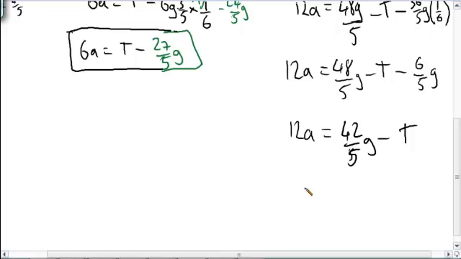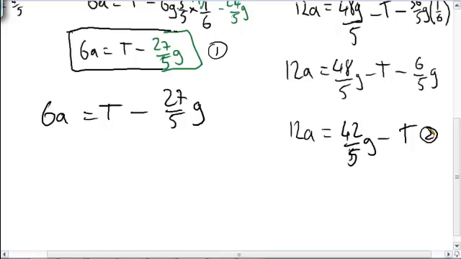The easiest way to do this is probably simultaneous equations. So if I write the first equation there, 6A is equal to T minus 27 over 5G. That's our first equation. The second equation, I'll do in green, is 12A is equal to, and I'll just bring the minus T out to the front, plus 42 over 5G.